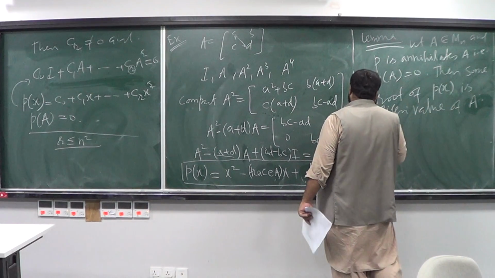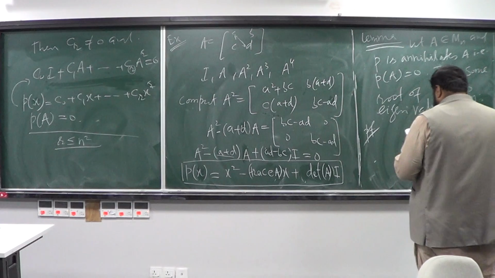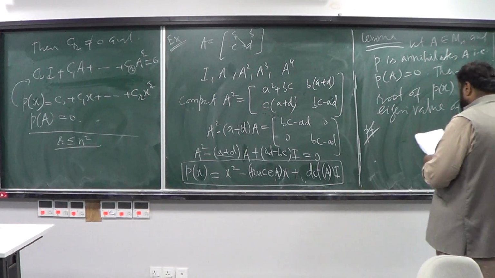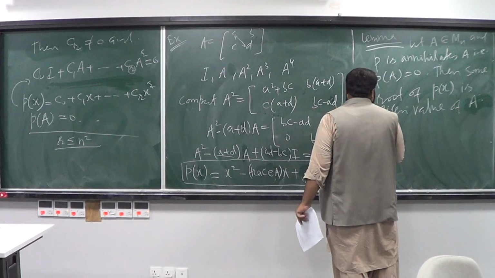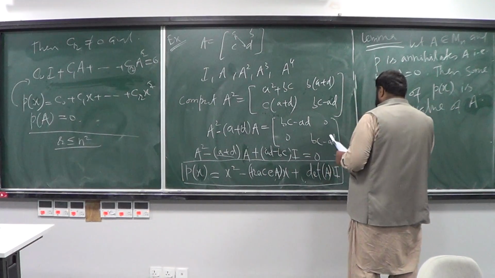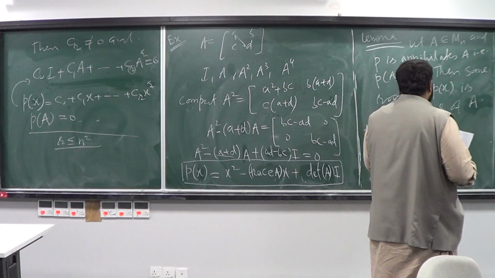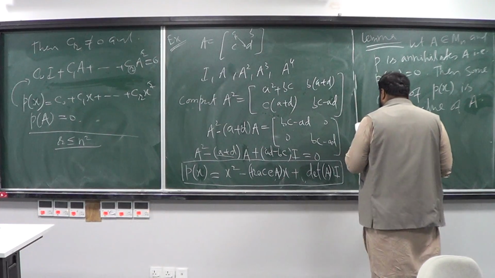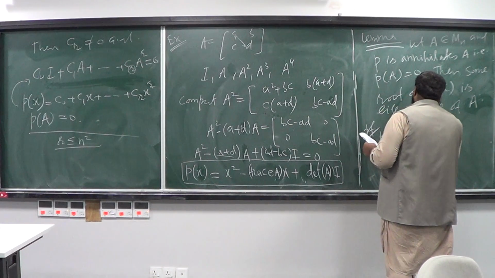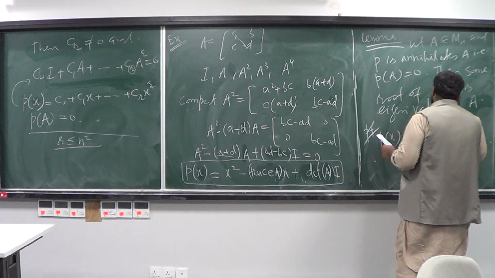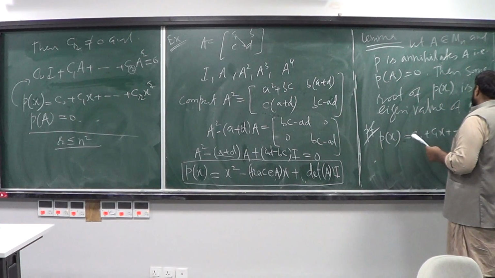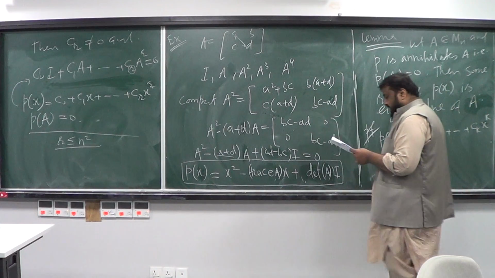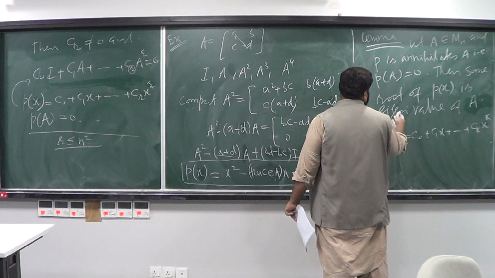So here is the proof of it. Suppose that the polynomial that annihilates the matrix A is this: P of X equal to C0 plus C1 x plus so on and so forth, Ck x power k, such that P of A is 0.